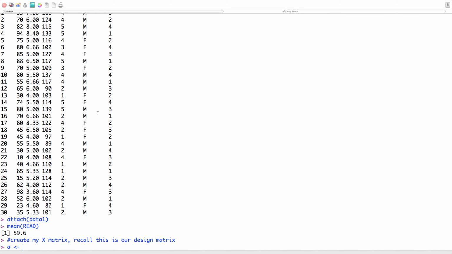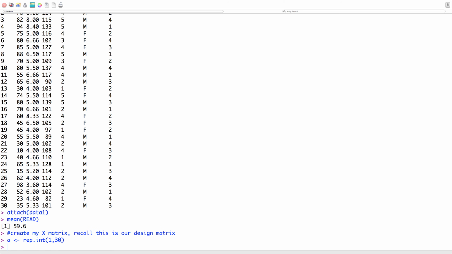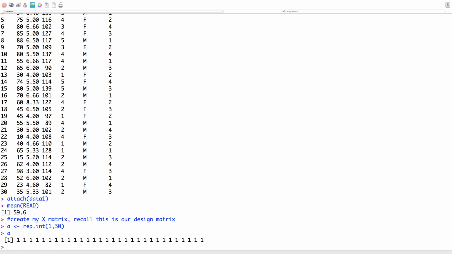And if you look back at our data set, we have 30 observations. So first of all, I want to go repeat integer, and I want to repeat ones 30 times. So now if I see my A's, I have 30 ones. All right, so that's really going to come in handy when I start setting up my matrix X.